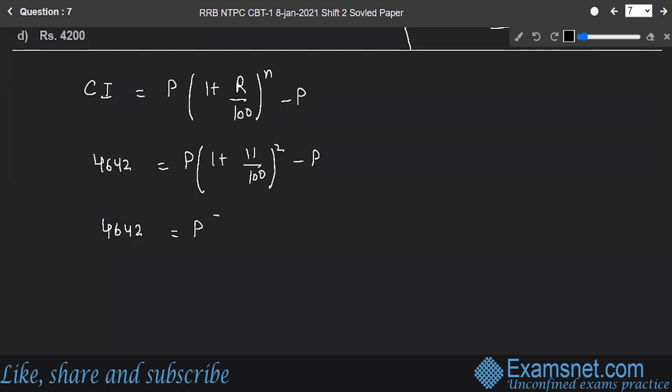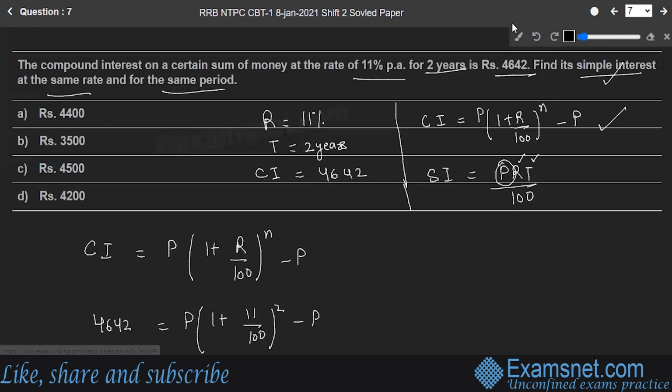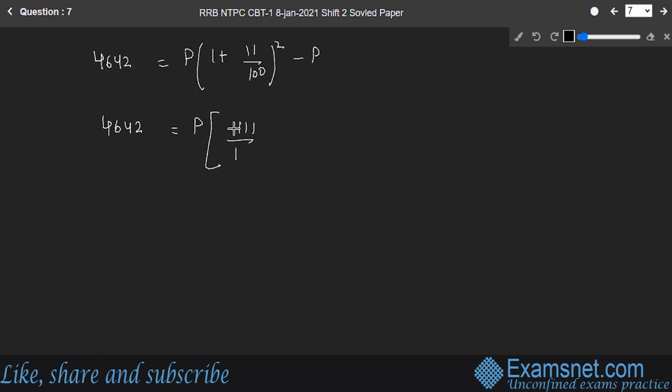So 4642 is equal to principal into ((111 upon 100) raised to the power 2 minus 1). You can write it like this, square minus 1. So 4642 is equal to principal, this is a square minus b square type.